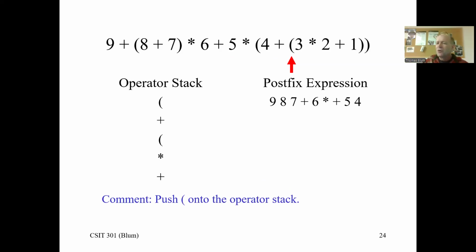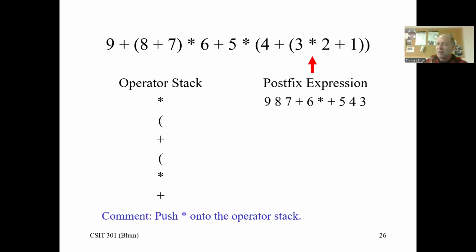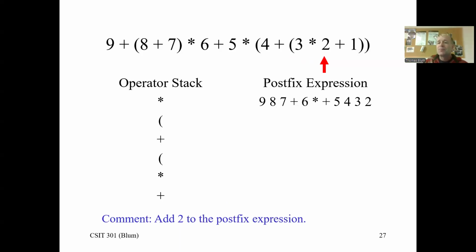Then we encounter 3, which is data. Data always gets added immediately to the expression. I'm going to encounter a multiplication next. It's following an open parenthesis. If the top of the stack is an open parenthesis, we always add to the stack. So there's the multiply. Next thing is a 2. It's data. Data is added to the expression.